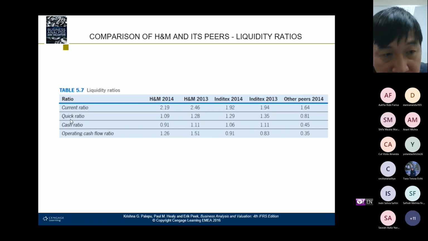But the quick ratio is smaller than the index. So you can take one to be your main index in liquidity analysis.